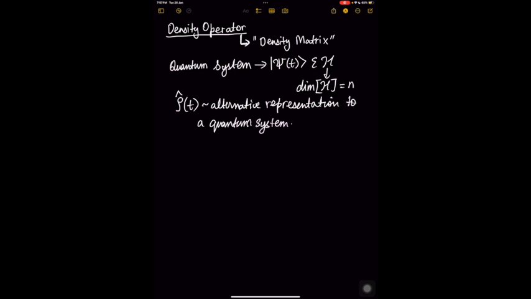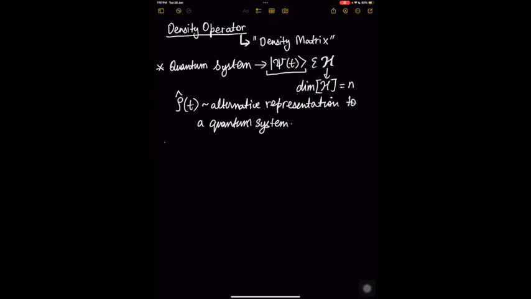In this case, we define the quantum system using a state vector psi of t in the Hilbert space H, and the dimensionality of the Hilbert space can be chosen to be n, so very generic.